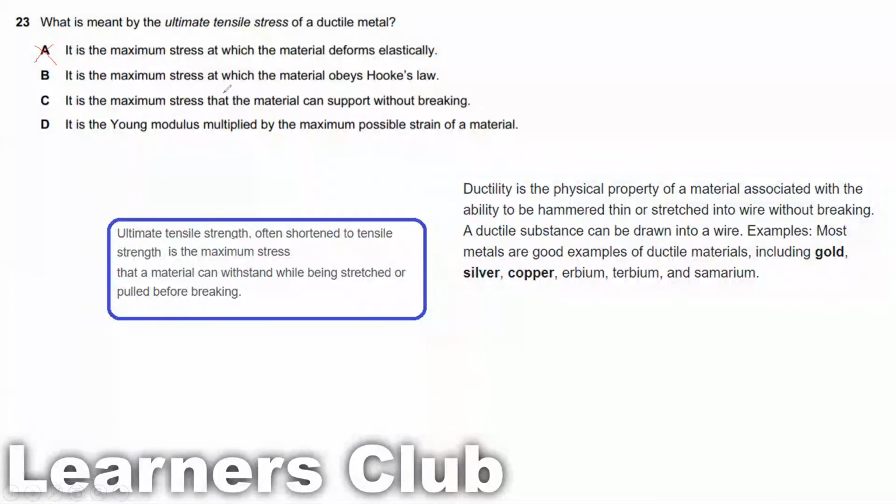It is the maximum stress at which the material obeys Hooke's law. No, that's wrong. It is the maximum stress that the material can support without breaking. Yes, it is the stress that it can withstand before it breaks. So C is correct. Therefore, the option is C.